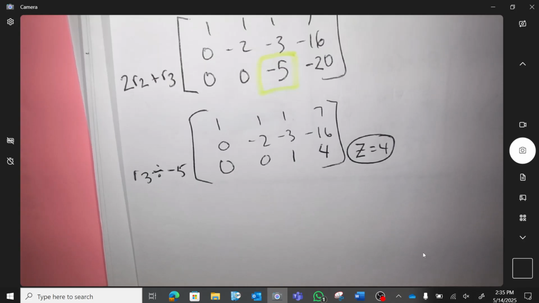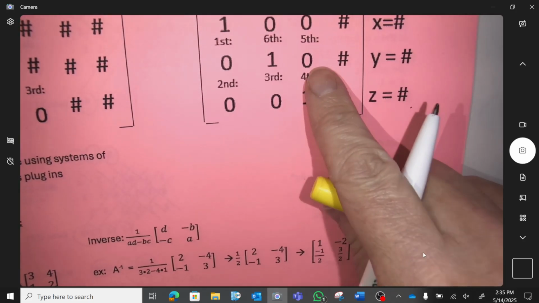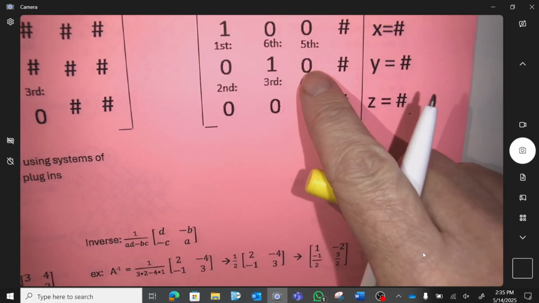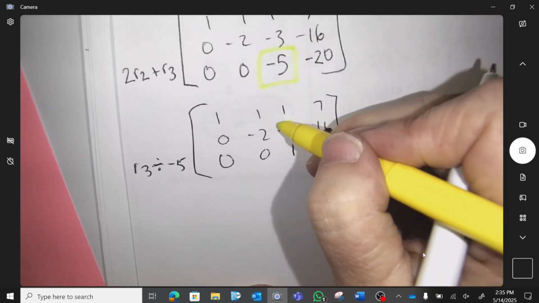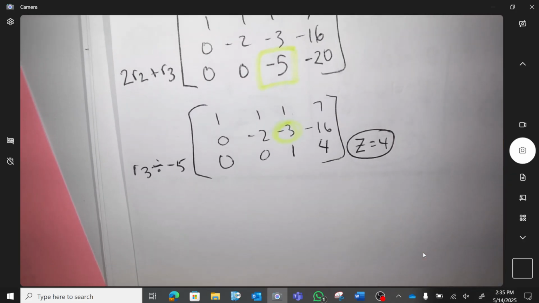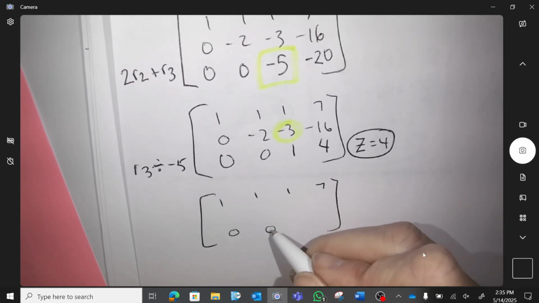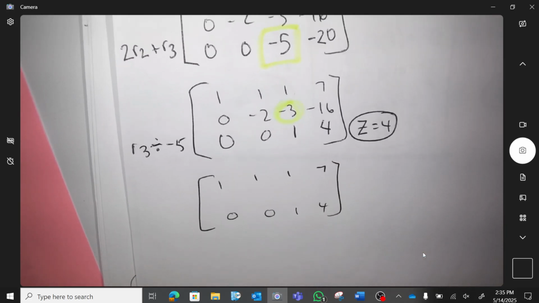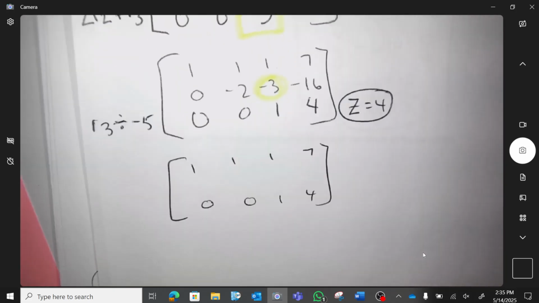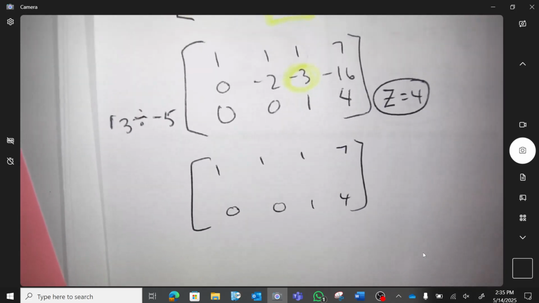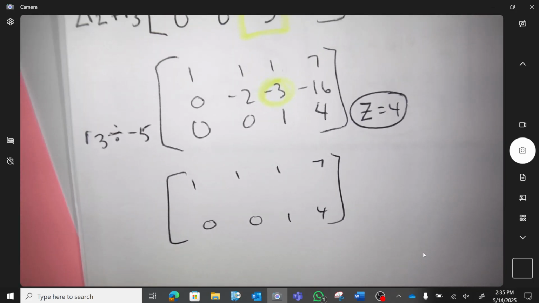Okay, here we go. Step 5, 0 that. Okay, so copy the top. You know what? Your third row is done. It's always just going to get copied. You're never going to change the third row now.